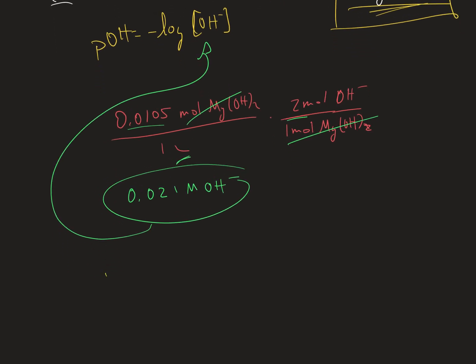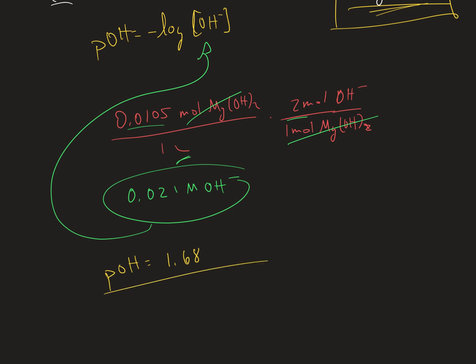And we get our pOH is equal to, I think I did this wrong in my notes, so maybe you guys do this for me. Negative log of 0.021. What do we get? 1.68? I did do it right. My last class fibbed. Okay. 1.68.